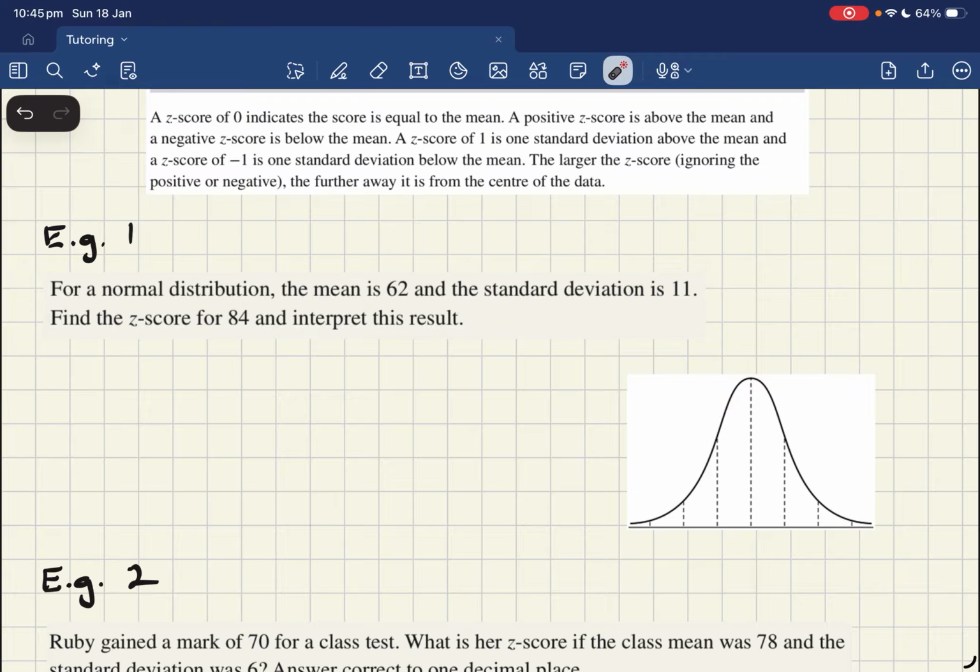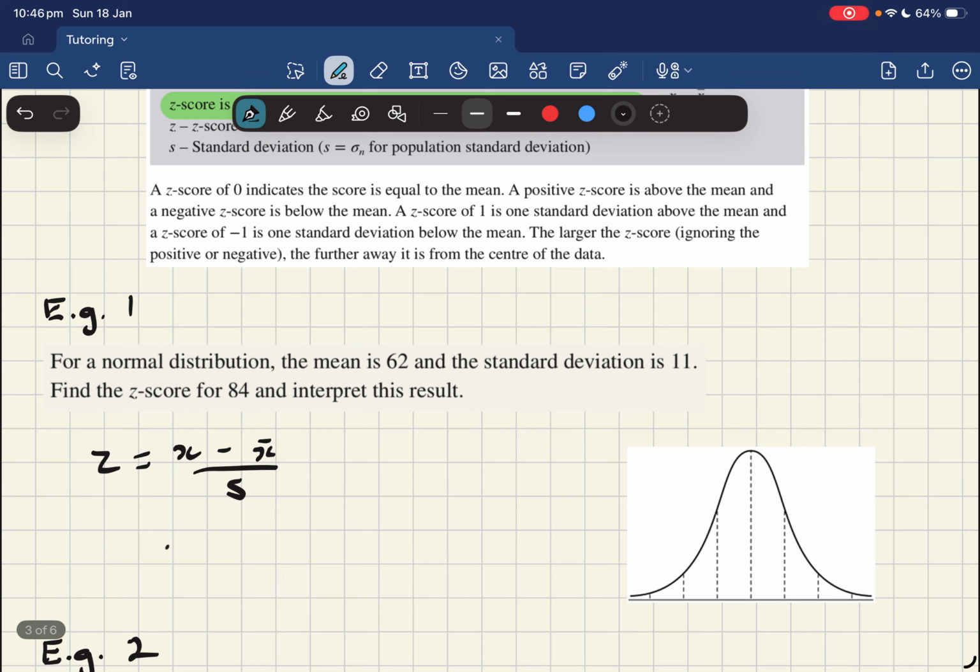Okay, so what we're going to do is write in our z-score formula. So we're going to write our z-score equals the score minus the mean over the standard deviation. Now, in this case, we're trying to find the z-score of 84.